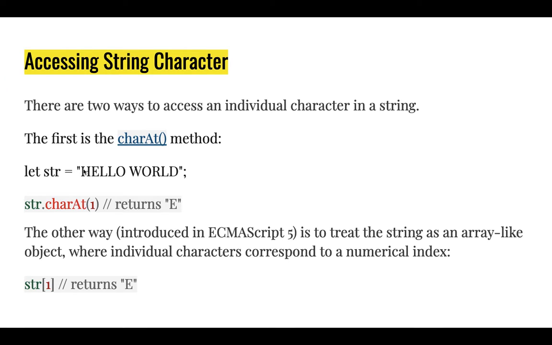So in numeric it is 0, and then this is 1, this is 2, 3, 4, and so on. So if I want to return this particular character, I'm just going to say the name of my variable dot the charAt method, and then I will pass the index of that particular character.